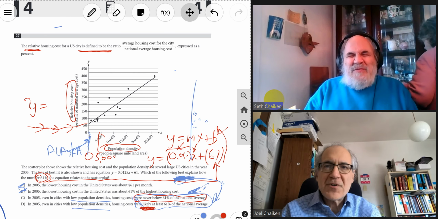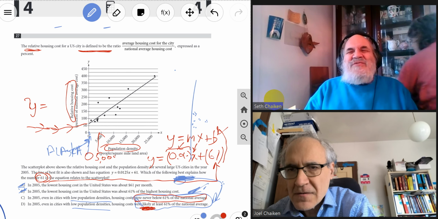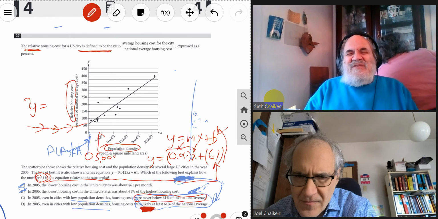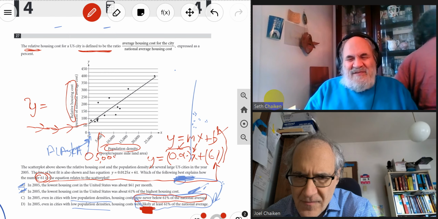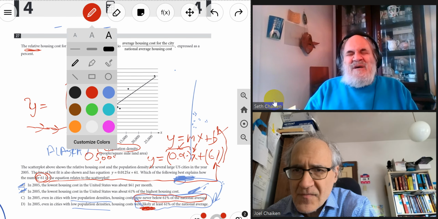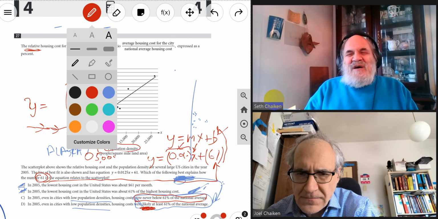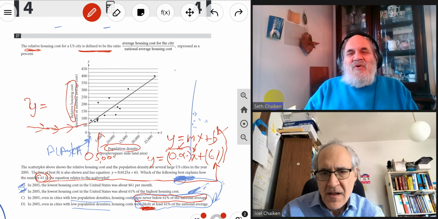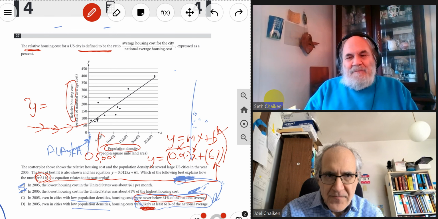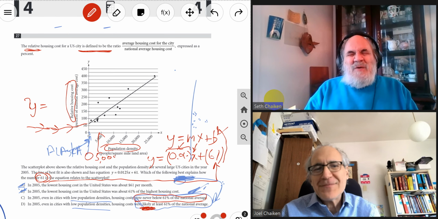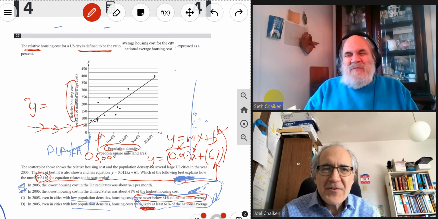So the key word here: the dots don't represent statistics for all of the cities. And so you could draw an inference about the likelihood of housing costs being a certain level among all cities. So it's none of the cities that have been reported. Okay, we know that. Right. Okay. So yeah.